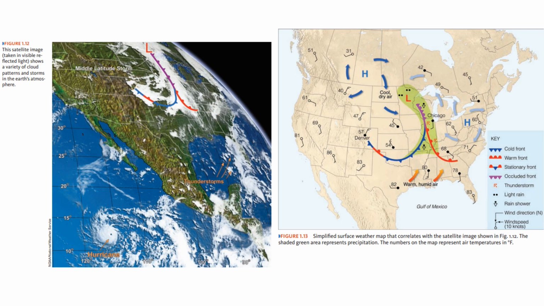A tornado is another type of storm or element. A tornado is an intense rotating column of air that usually extends downward from the base of the thunderstorms.